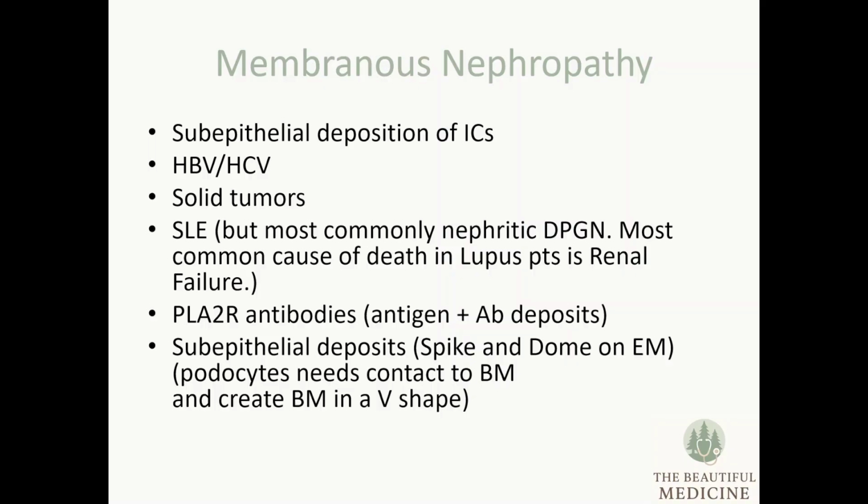But SLE most commonly is diffuse proliferative glomerulonephritis, so it's nephritic. But if you see SLE plus nephrotic, you start thinking about membranous nephropathy, although it's not the most common one. So what happens? You have PLA2R antibodies. I don't think it's important for the steps, but just to let you know.